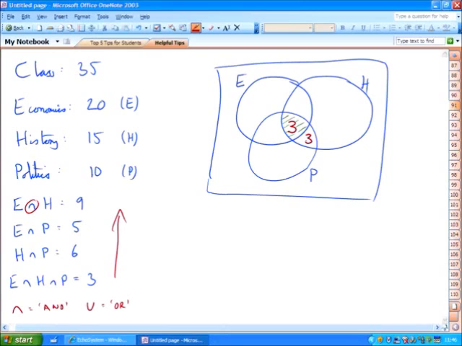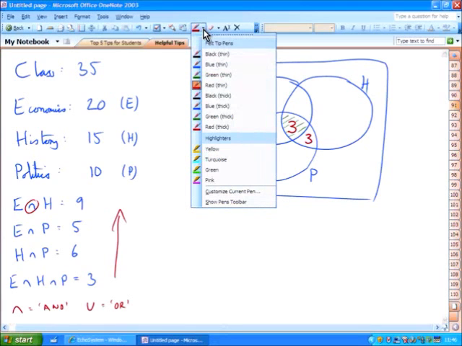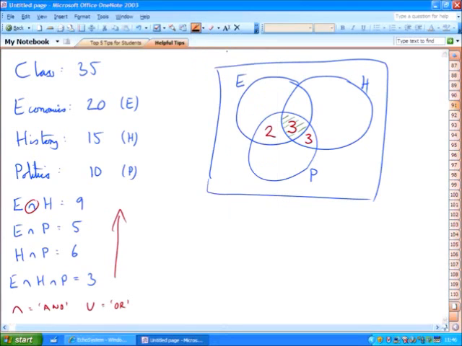Using a similar logic, we have 5 students who study economics and politics. So what I'm going to do is write the number 2 in here, because, let's pick another colour, let's go for black, this 2 plus this 3 here denote the 5 students who study economics and politics. Again, it's because 3 of these 5 students study all 3 disciplines.